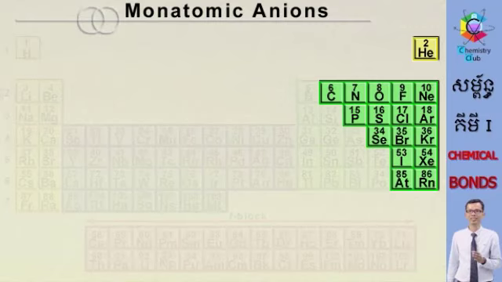The elements on the right of the periodic table, the nonmetals, form monatomic anions most easily. The charge of these anions can be determined by their position in the periodic table. The anions of nonmetals take on the charge equal to the number of elements they lie away from the nearest noble gas.